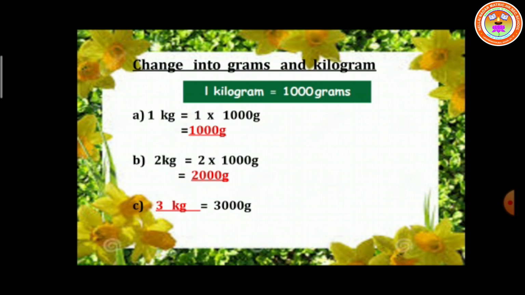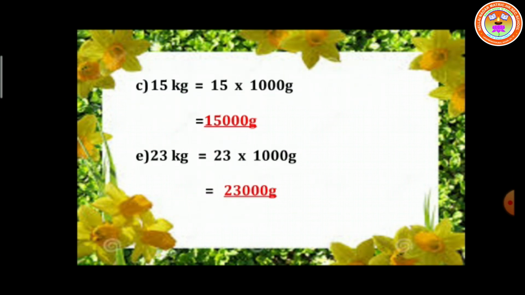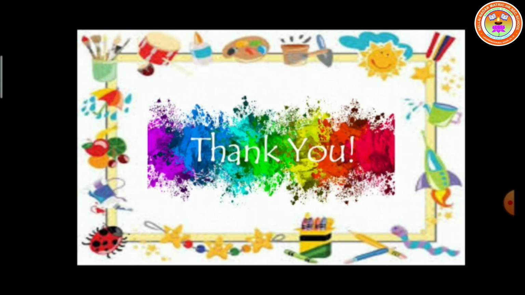In case they have given 4000 gram, then how many kg will it be? 4 kg. Is it clear, children? Now 15 kg. You have to multiply 15 into 1000, 15,000 gram. Then 23 kg, 23 into 1000 gram, 23,000 gram. This is the easy way of conversion from grams to kilograms or kilograms to grams. Is it clear, children?